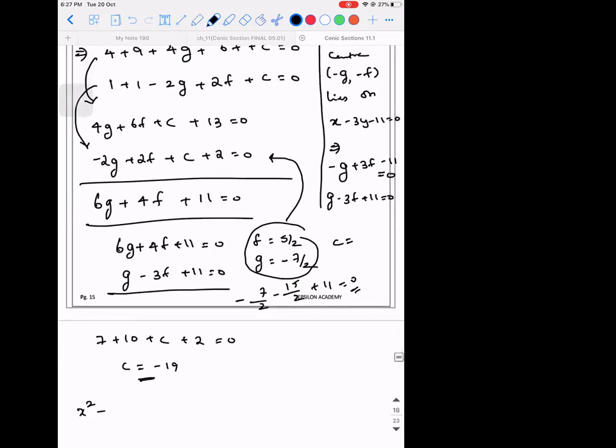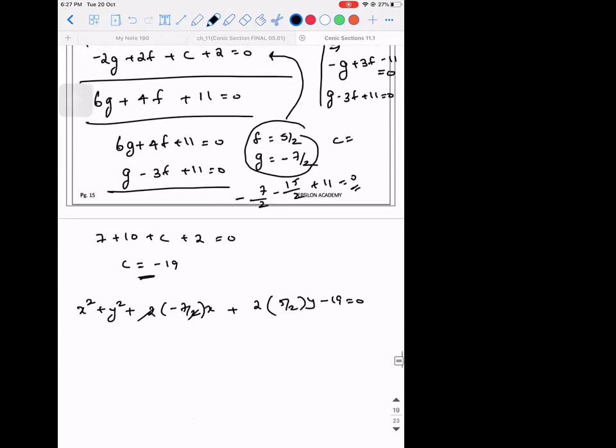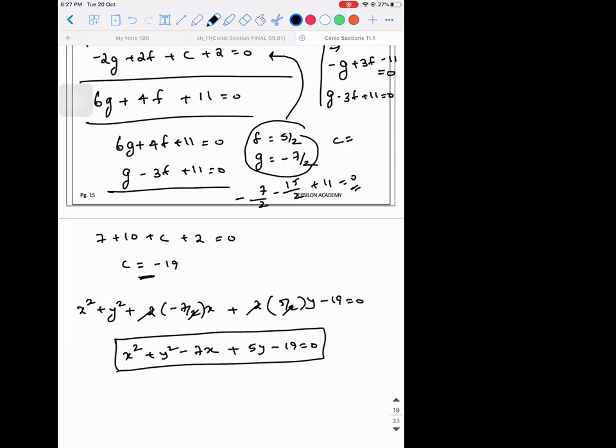So the required equation of the circle will be x squared plus y squared plus 2 into minus 7 by 2 into x plus 2 into 5 by 2 into y minus 19 equals 0. The 2 and 2 will get cancelled: x squared plus y squared minus 7x. Sorry, sir, c is minus 14, I think.